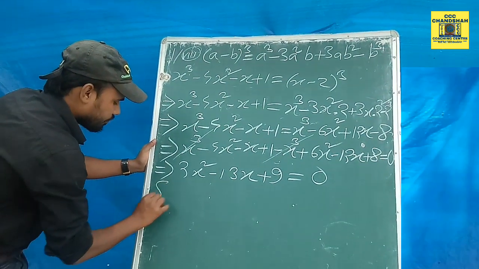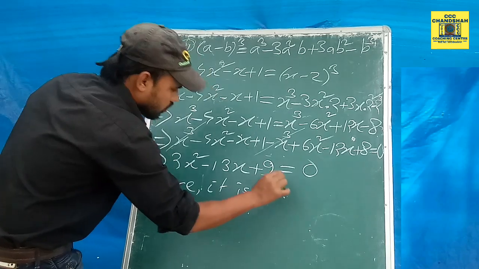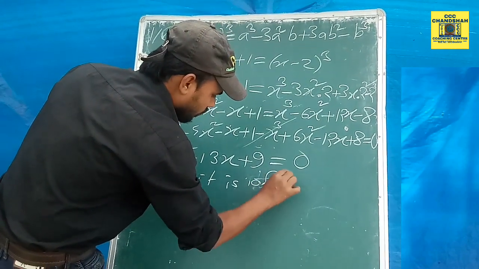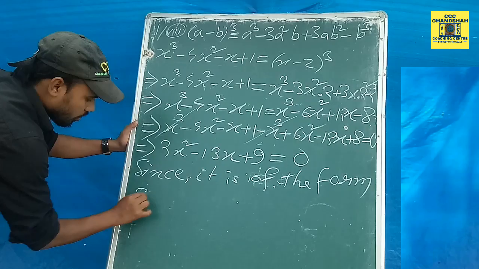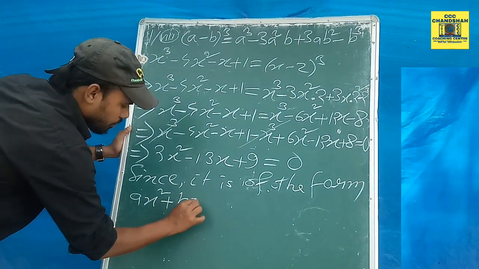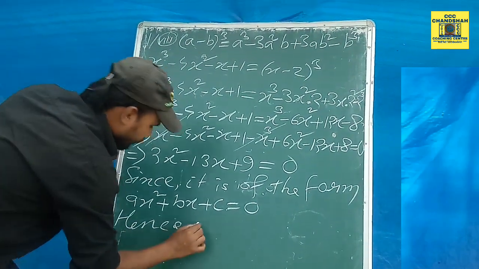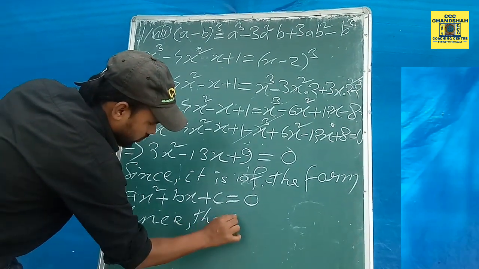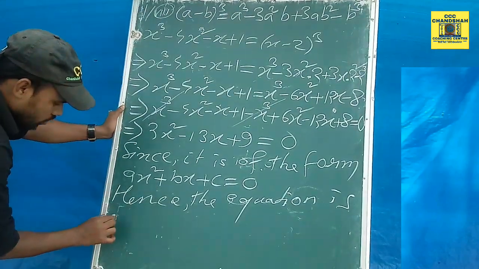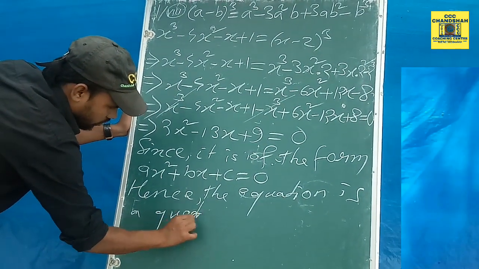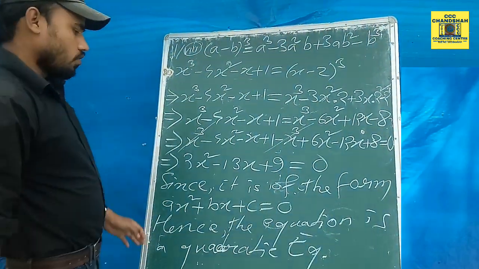So now we can write, since it is of the form ax square plus bx plus c is equal to 0, hence the equation is a quadratic equation.